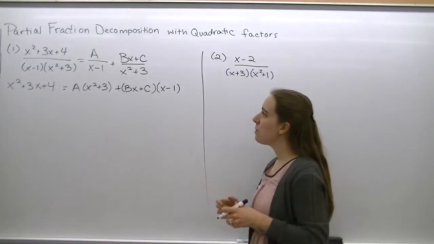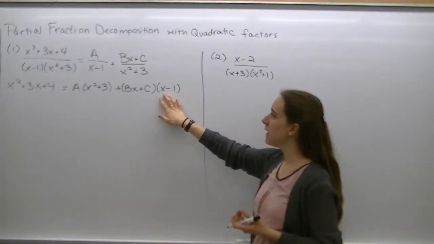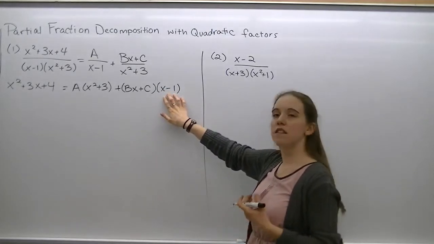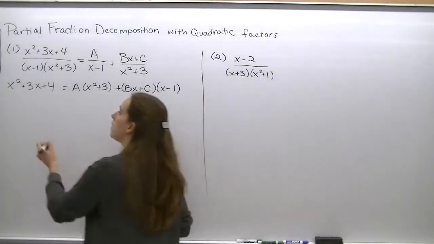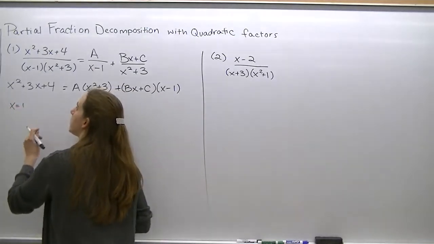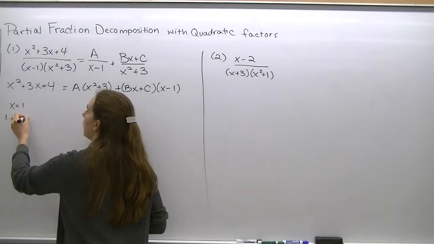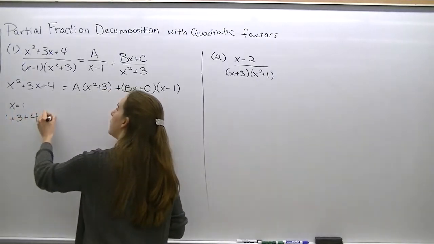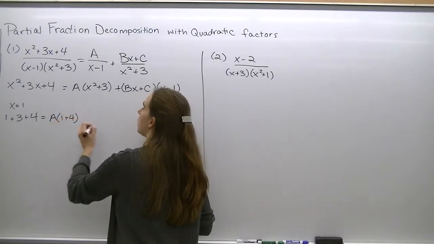So we need to think about values of x that will be particularly helpful to us. The only one I see is 1, because that will make this term 0. So let's start with x equals 1. So I get 1 squared plus 3 times 1 plus 4. That's equal to a times 1 squared plus 3.